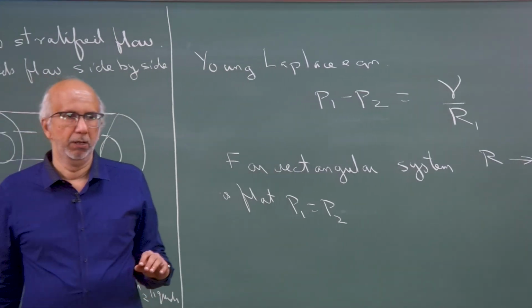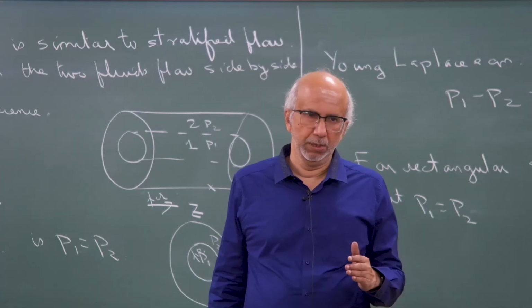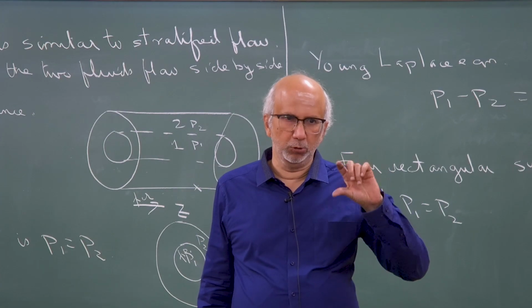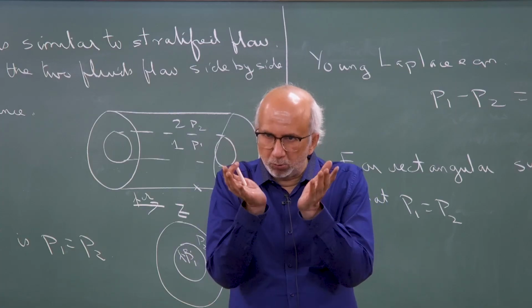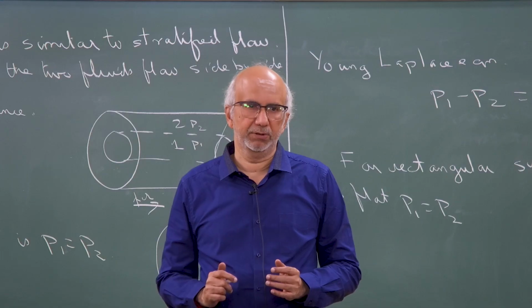So, everywhere the pressures were equal in the two liquids, whereas here there is going to be a constant pressure difference between the two liquids, because that pressure difference is what keeps the interface curved.